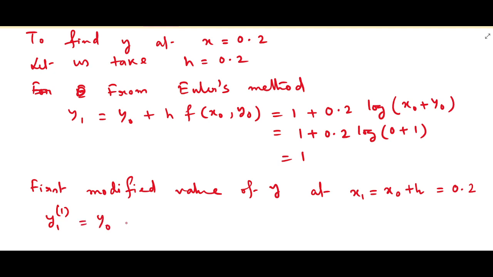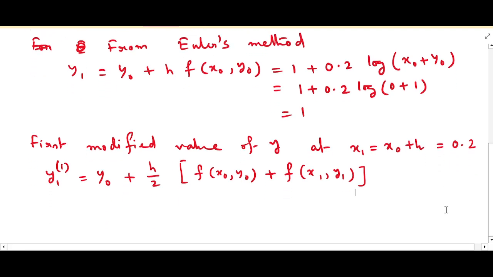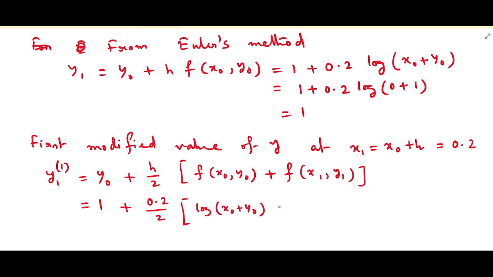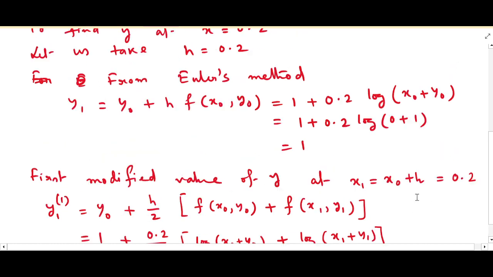So what is the formula? y1^(1) equals y naught plus h by 2 times f of x naught comma y naught plus f of x1 comma y1. So this is the first modified value. Everything you know here: y naught is given in the question, it is 1. h we have taken 0.2, divided by 2, and then f of x naught comma y naught is log of x naught plus y naught, and f of x1 comma y1 is log of x1 plus y1. So let us find the value.